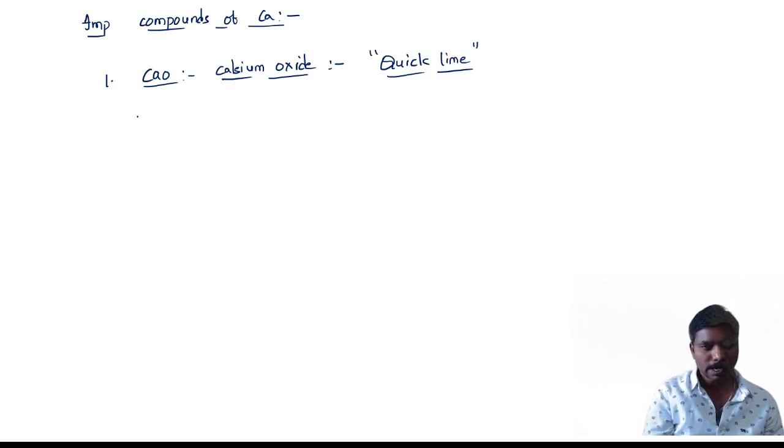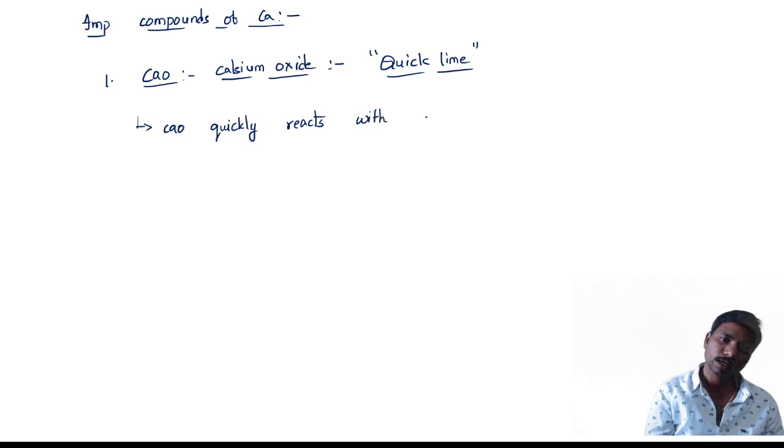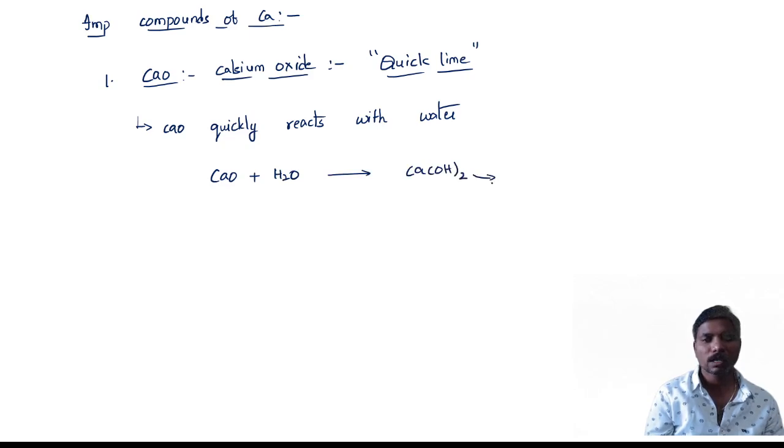Because calcium oxide quickly reacts with water. So that's why it is called quicklime. Whenever this calcium oxide reacts with water, it gives calcium hydroxide. This is called slaked lime.